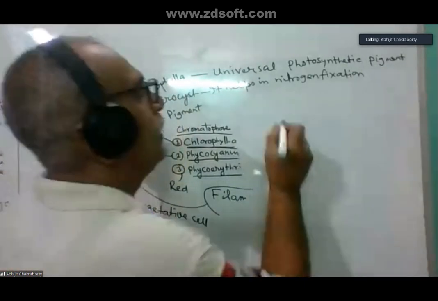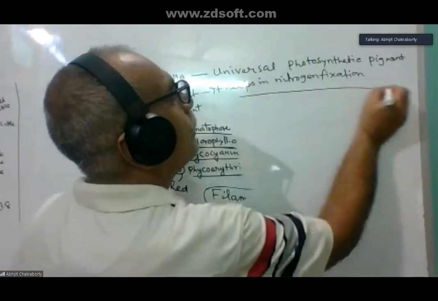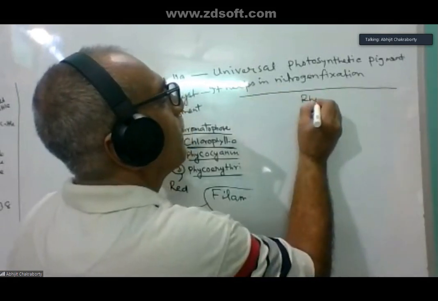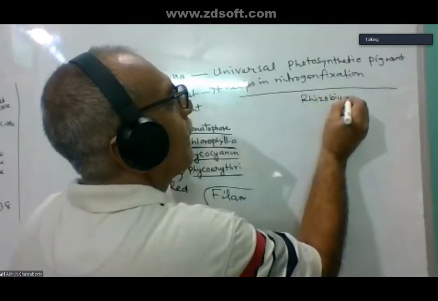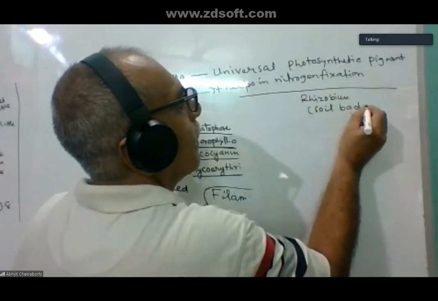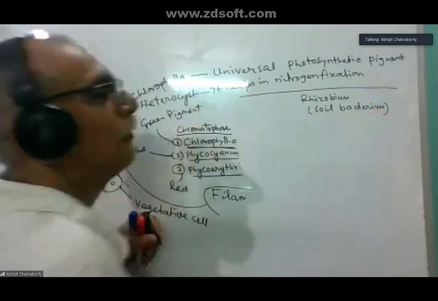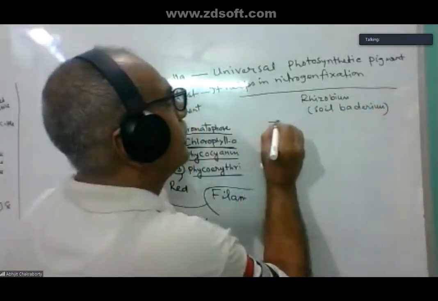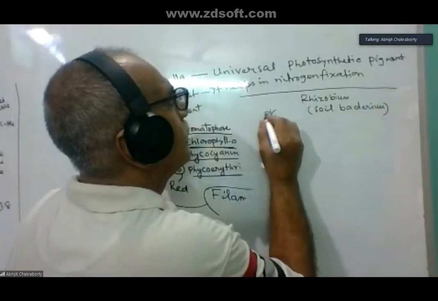If you think about Rhizobium, it's a soil bacterium. From the soil, this is the leguminous plant.